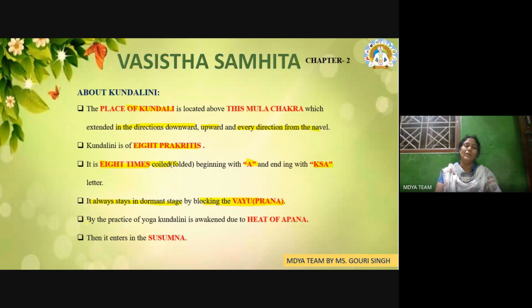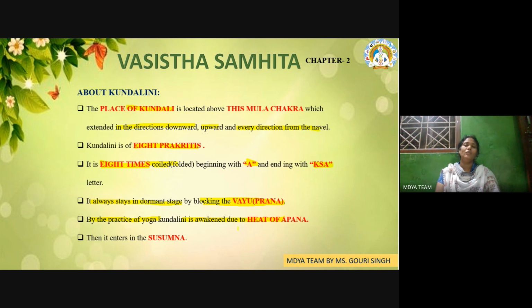Next Vasishtha says that by the practice of yoga, the Kundalini is awakened due to the heat of the apana vayu. In the navel region, the vayu present is the apana. According to the Vasishtha, we know that samana is in the upper region and apana is in the lower region, a little lower.